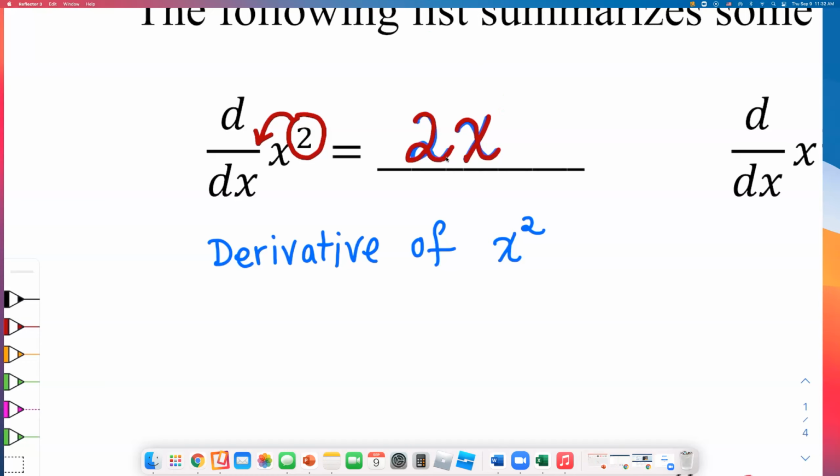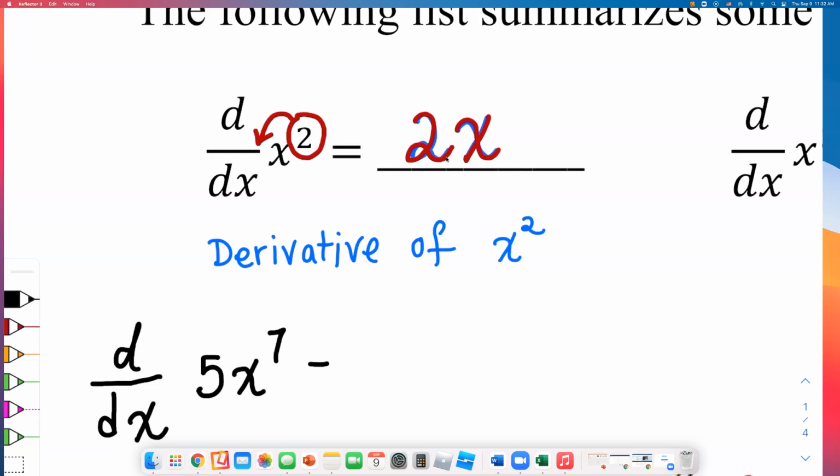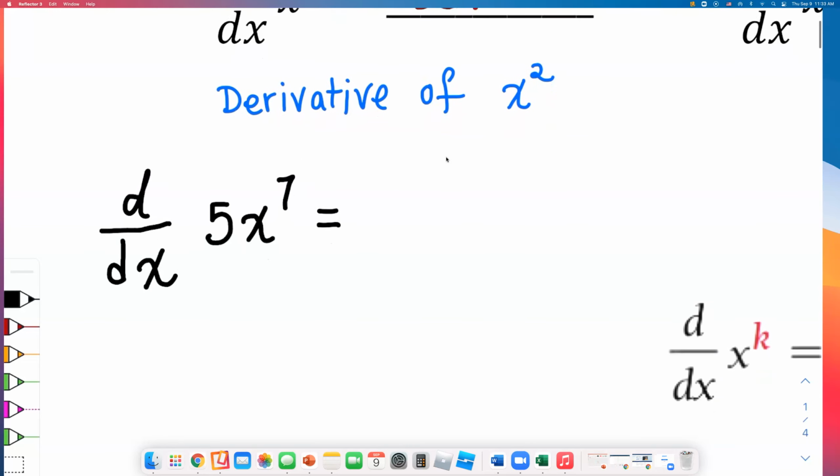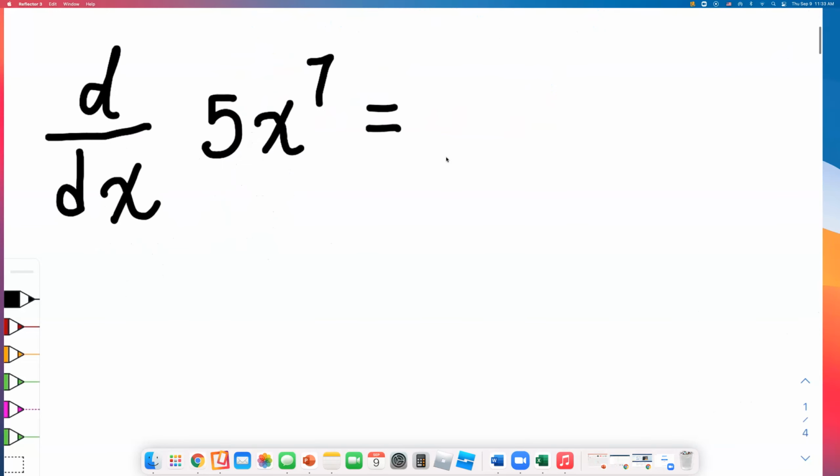So, if I give you something a little different, let me give you something else. Find the derivative of 5x to the 7th power. I made the example a little bit extreme so that you can see this power rule. What do you have to do? You have to multiply this original exponent. You have to bring this down, okay? But when it comes down, there is a 5.